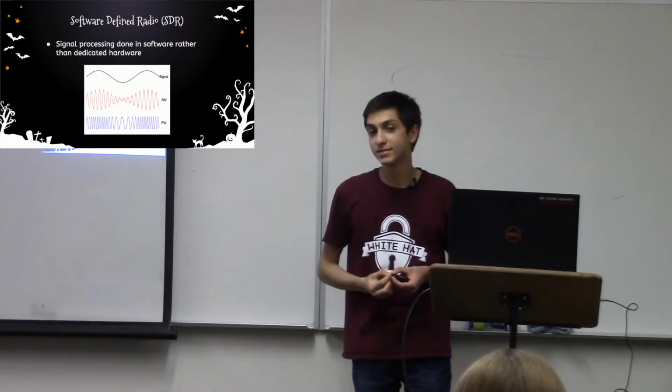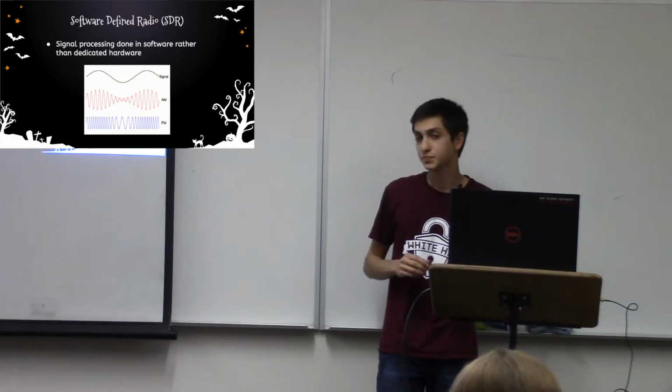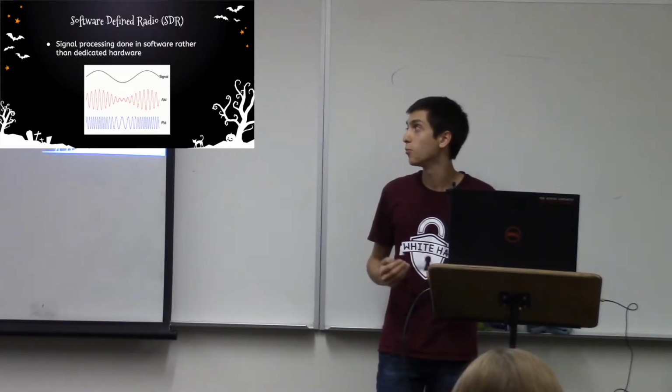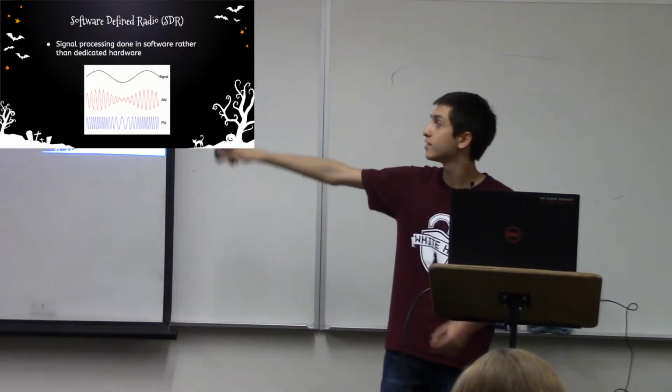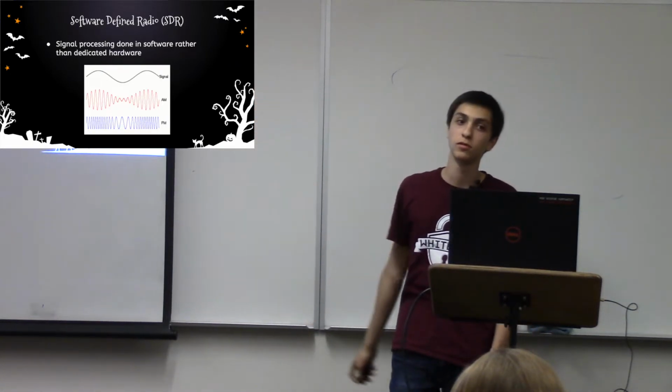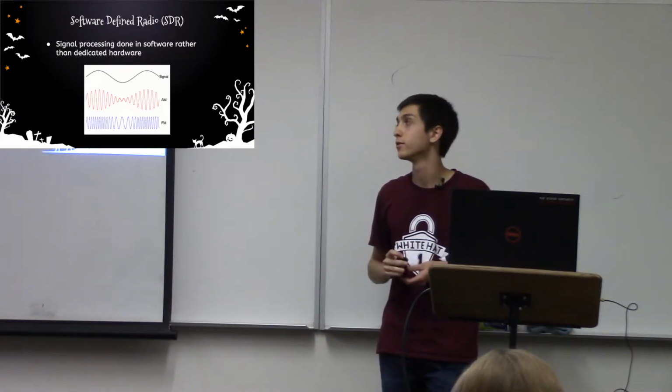And if you have hardware that's trying to interpret FM and you want to listen to AM, it's not going to happen. But with software-defined radio, you get that raw signal, and then your computer will do whatever it wants with it, so you can switch between different encodings.